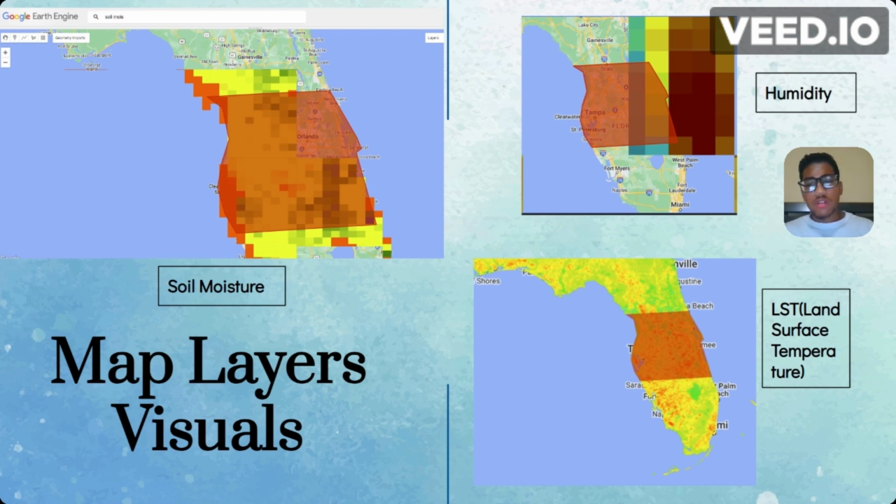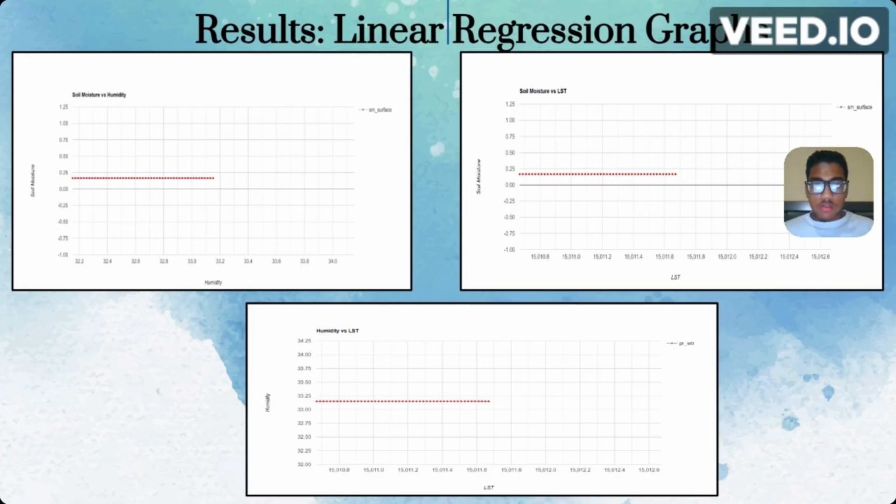the humidity. So I used Google Earth Engine, as Kennedy explained as well. So these are some of the visuals just to see how it is. You can see the land surface temperature, the soil moisture, and the humidity. Next slide, we have the linear regression graph.